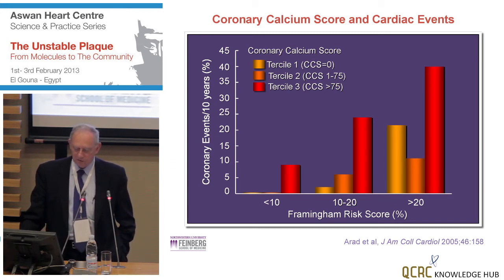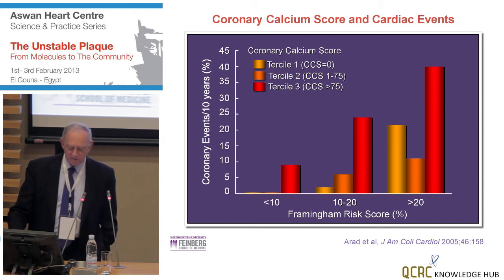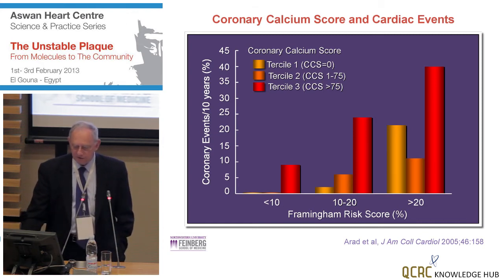And they looked at 3 groups of individuals based upon their calcium score in tertiles: low calcium, intermediate calcium, high calcium. In all 3 groups, one sees that the calcium score was predictive of higher event rates with higher levels of intracoronary calcium.